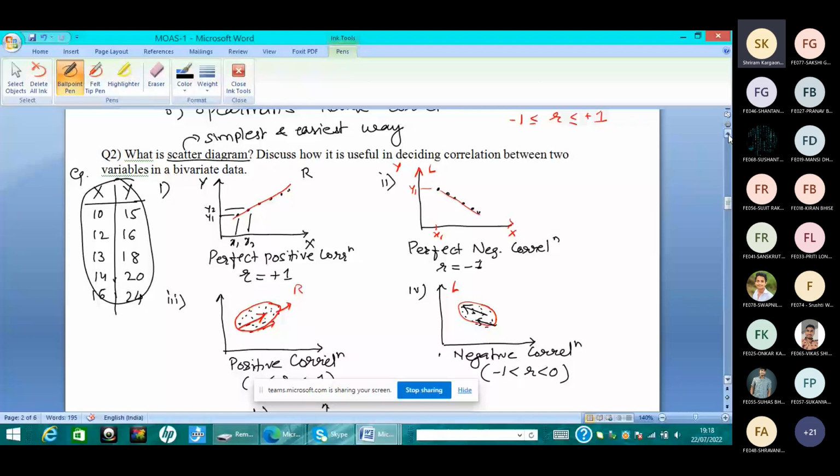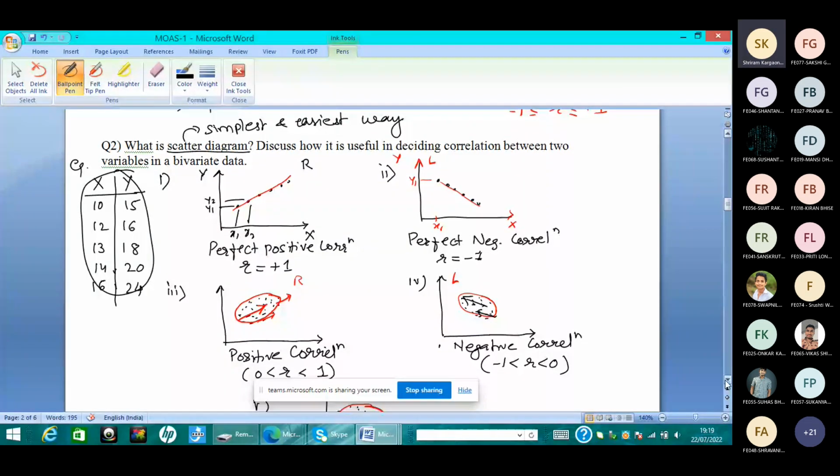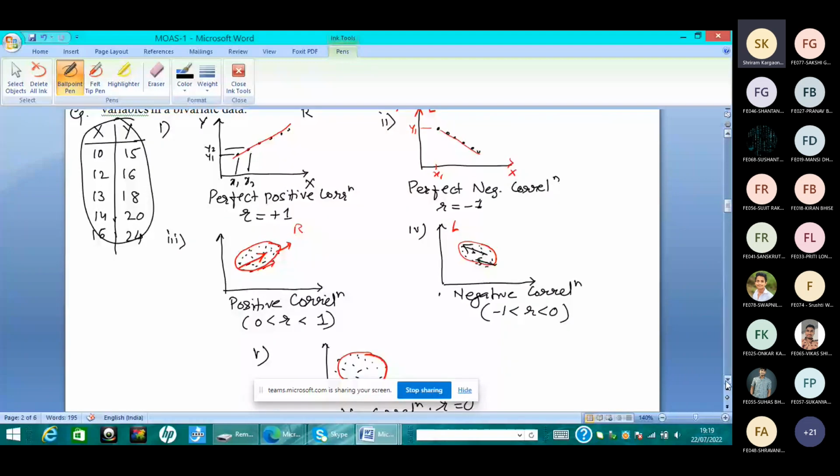These are the cases under it: 1, 2, 3, 4, 5, and in this case you can comment upon the kind of correlation. First of all, you come to know whether correlation exists or not. Secondly, if there is a correlation, you can identify what kind it is: perfect positive, perfect negative, positive, or negative.